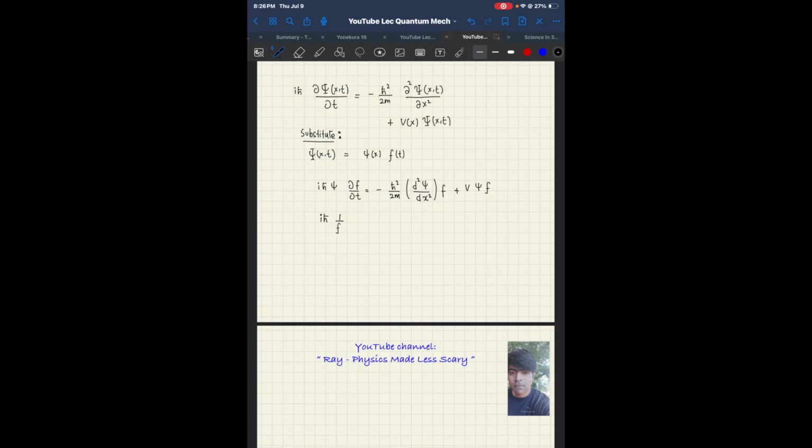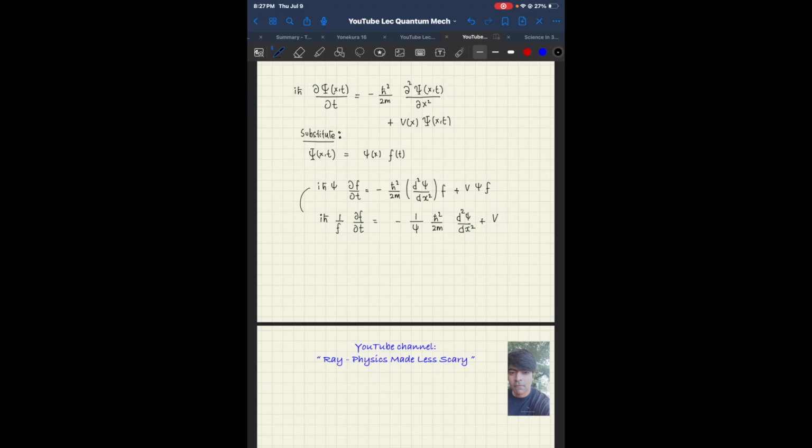You get iħ (1/f) del f by del t. I am dividing this entire equation by small psi times f, so you get 1 by psi times minus ħ squared del 2 psi by del x squared plus V, right?